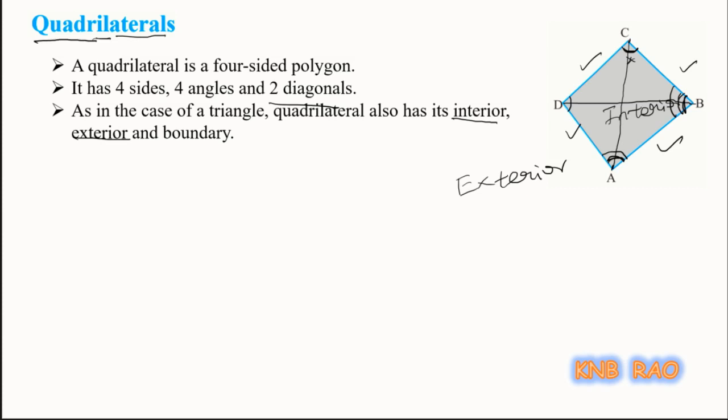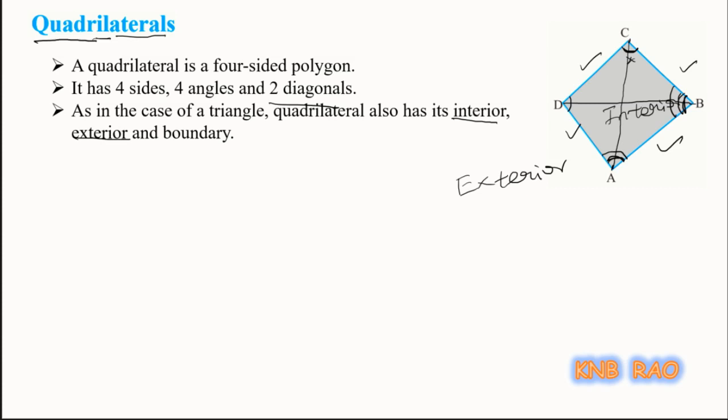To be frank, a rectangle or quadrilateral cannot be caught, because they are two-dimensional. They are just drawn on a plane, cannot be caught at all. If you are catching something, they are three-dimensional objects. So even in a quadrilateral, only the boundary is called the quadrilateral, and that is the third part.